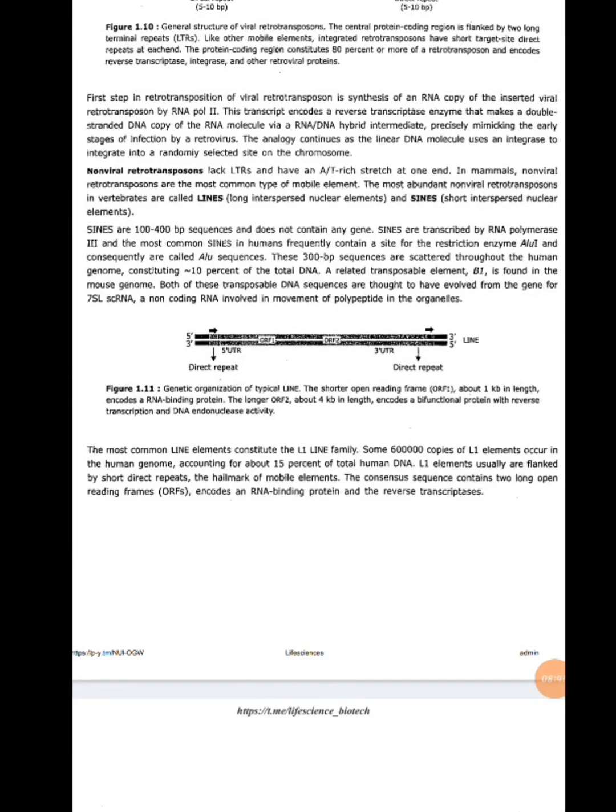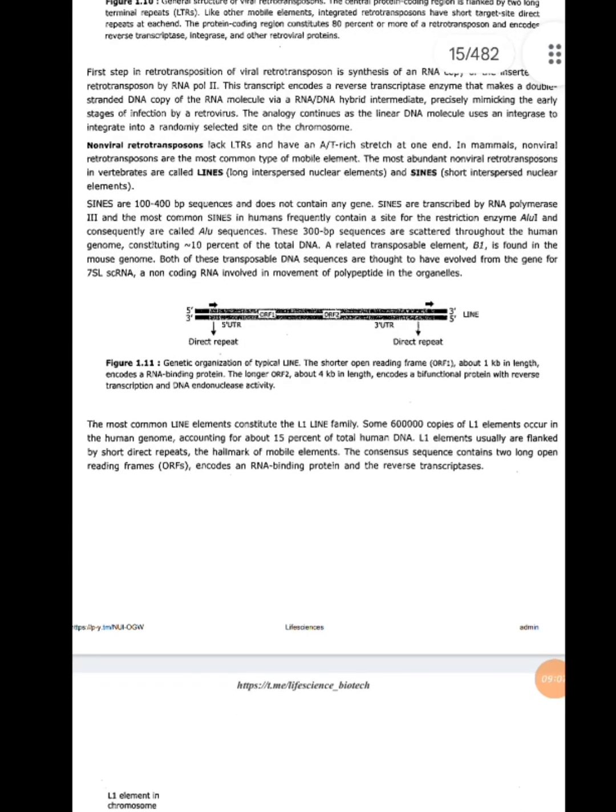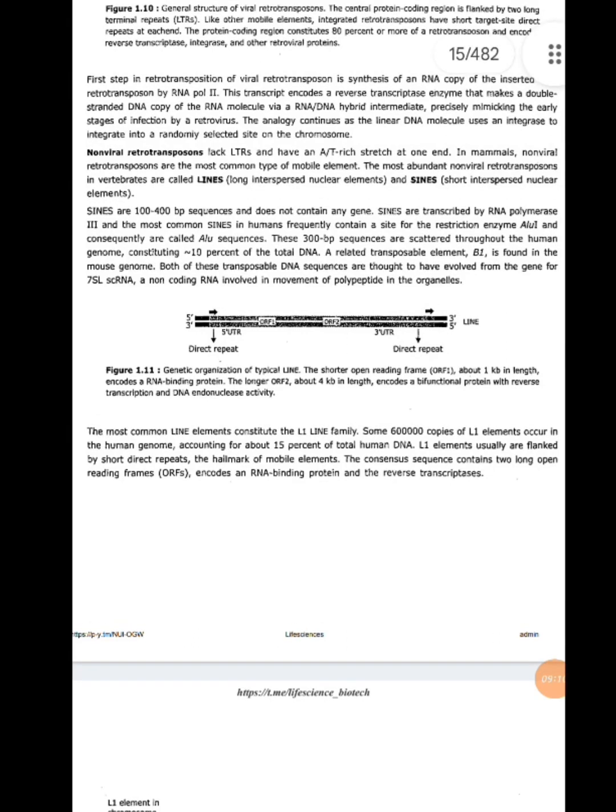The most abundant non-viral retrotransposons are LINEs and SINEs. They are retrotransposons, but non-viral. So what is LINE? They are long interspersed nuclear elements, and SINEs are short interspersed nuclear elements.